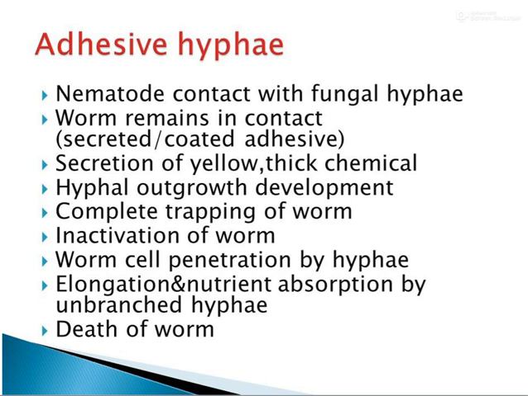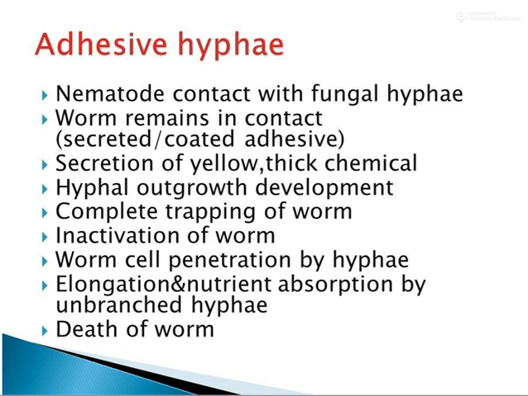This has been found to be a yellow, thick chemical which will serve just like a glue. And so when the hyphal outgrowth develops, more of this sticky secretion is produced, and that would result in the complete trapping and inactivation of the worm.